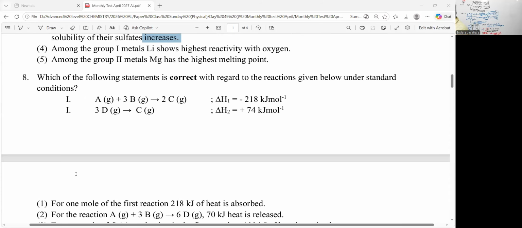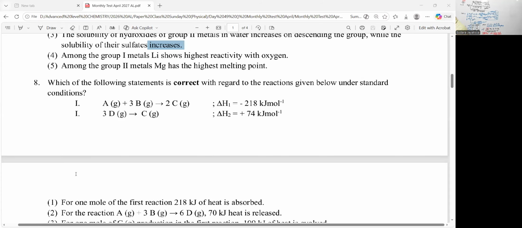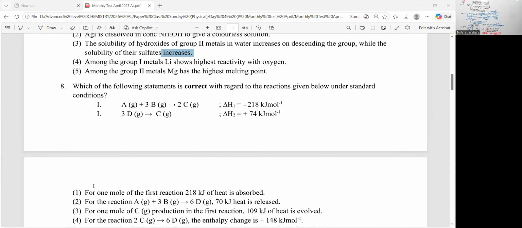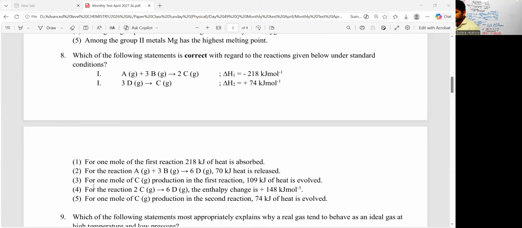Yes, next one is about energetics. Which of the following is correct with regard to the reaction given below under standard conditions? So in that reaction, there are two halves given. First one is A reacts with 3B to form 2C.